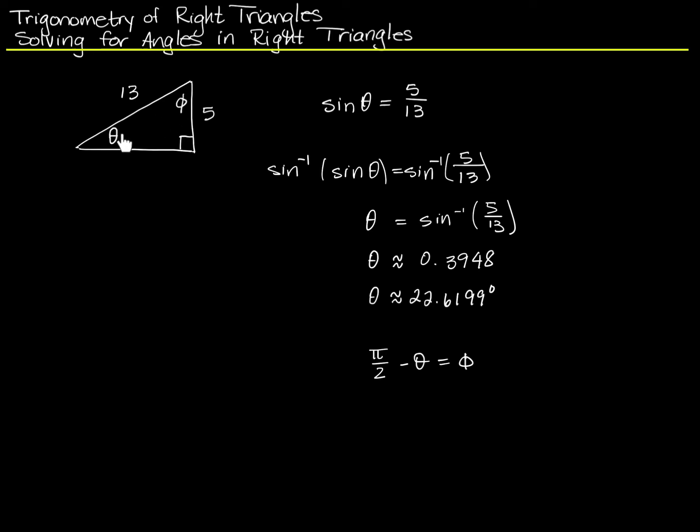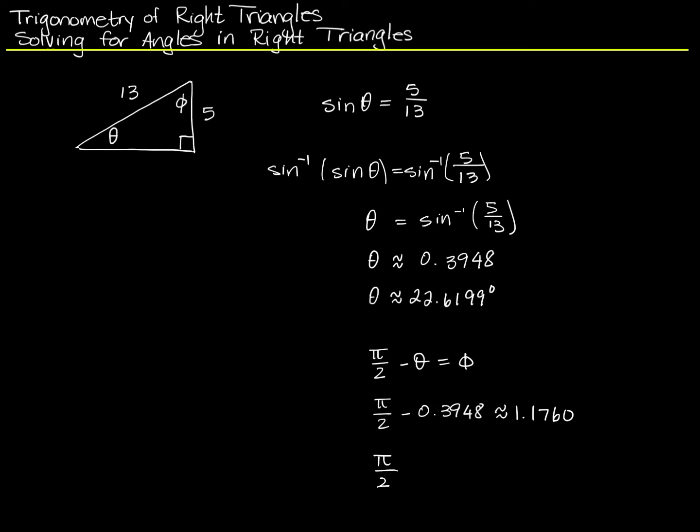Well, 90 degrees is pi over 2, so if I take pi over 2 and subtract theta in radians, then I'll end up with phi. Since theta is 0.3948, phi must be 1.1760. I just did that on my calculator. And it's not equal to, it's approximately equal to.